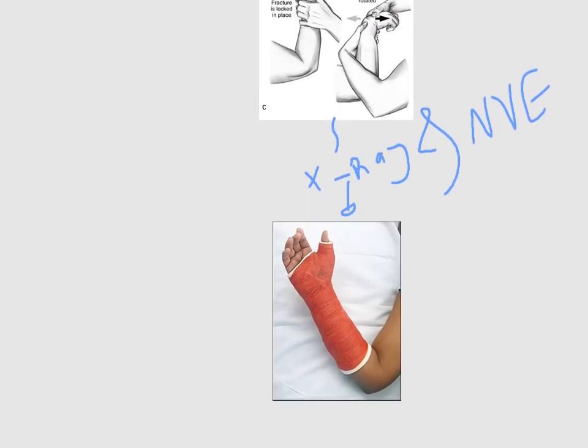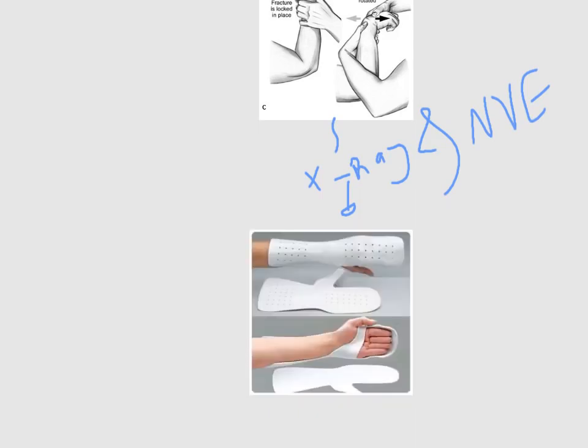After reduction, we repeat the neurovascular examination and the X-ray to make sure that the reduction is good enough. If yes, we put a dorsal slab.